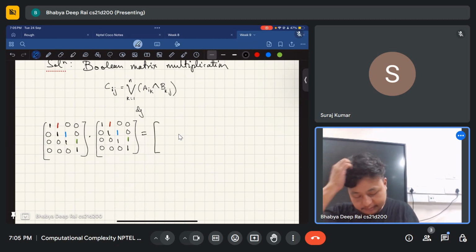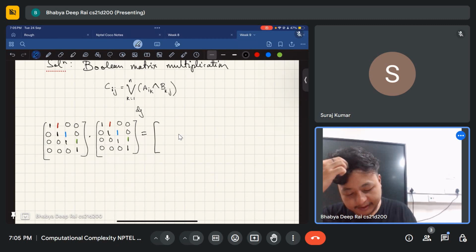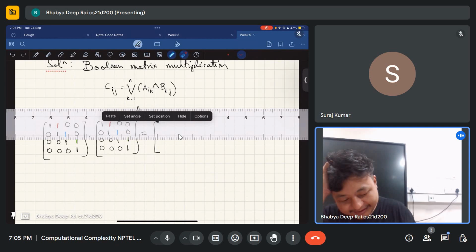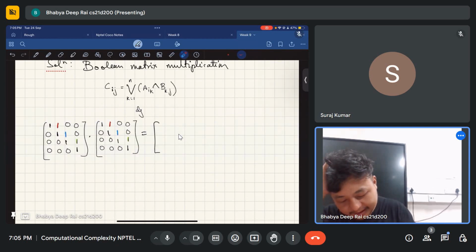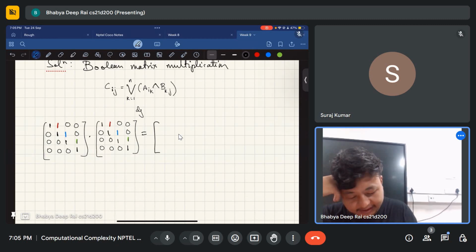Let's do Boolean matrix multiplication. So this row and this row, this guy will do 1 and 1, and 1 and 0, 0 and 0, 0 and 0 and so on. 1 and 1 will give 1, and OR across all of them will give a 1.